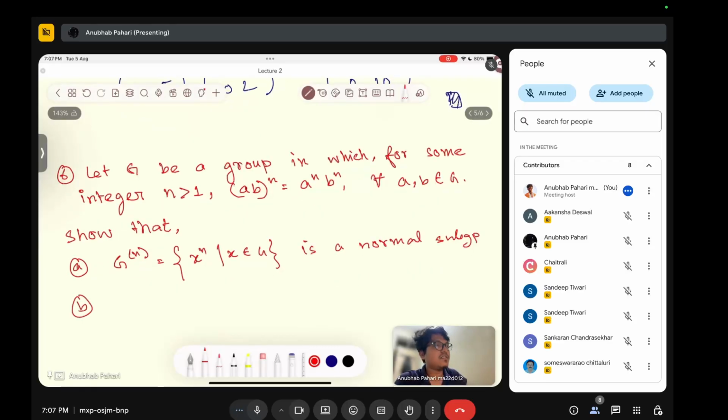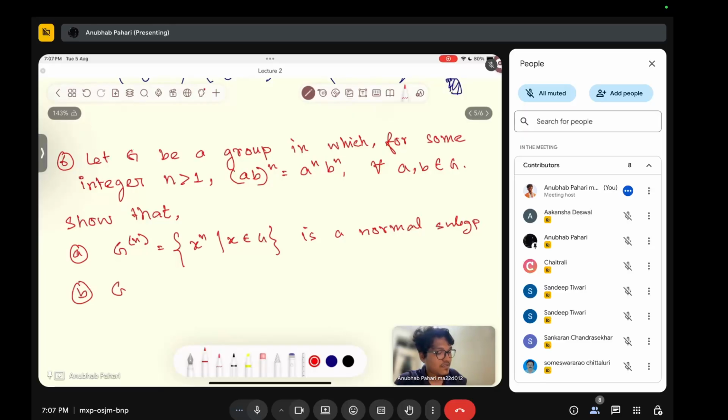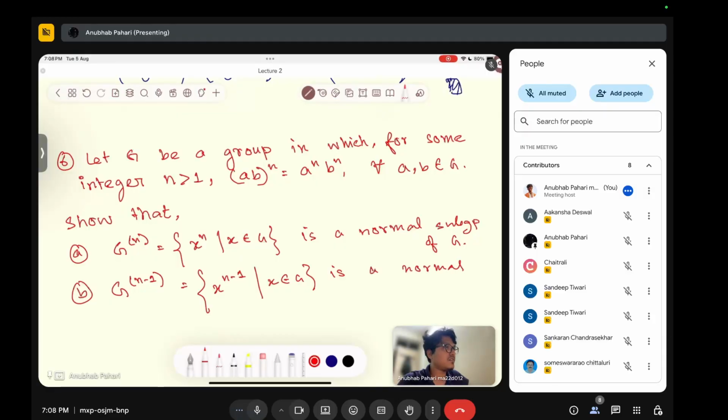And for b: the set of x to the power n minus 1, which belongs to G, is a normal subgroup of G.